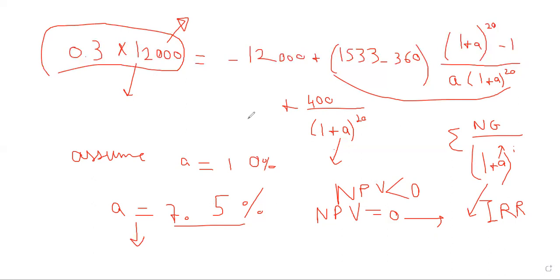I didn't try what value will give me this, but all you have to do is put the equation on your calculator and it will give you exactly the value of a. But from the IRR, I can expect maybe around 5%, which is not very encouraging. That's why you can say I should reconsider my project.